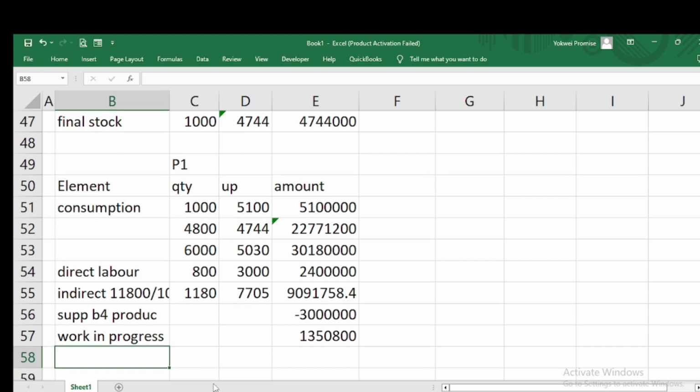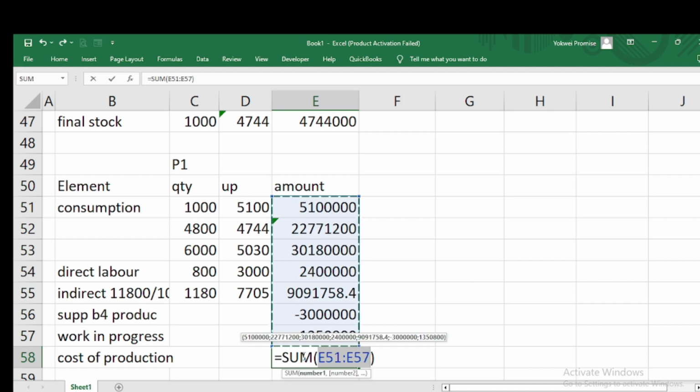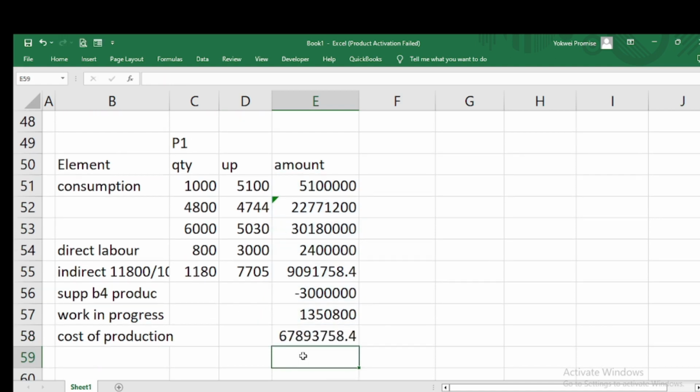And then the last thing now is forward. What would be now the actual cost of production? So we are going to sum all these. When we sum this, what we are going to have is 67,893,700, the summation of all this.